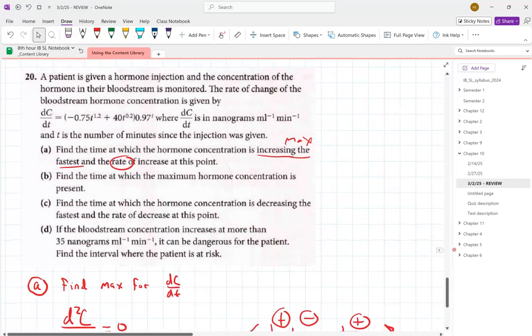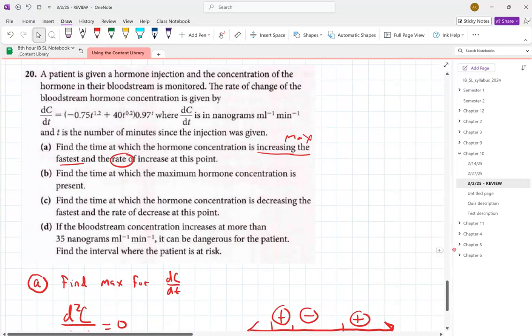Part B says, find the time at which the maximum hormone concentration is present. What is that asking for?